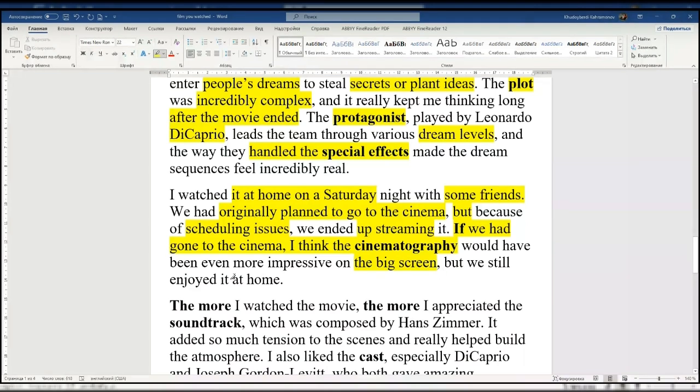And on the next paragraph, if you just pay attention here, I try to give my experience, the way I watched, so with whom I watched.